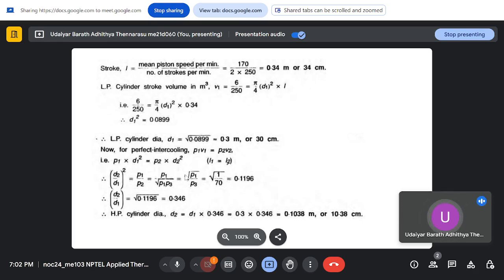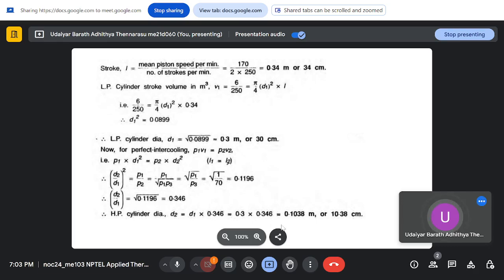So the diameter ratio square is 0.1196, and D2 by D1 will come out to be 0.346. So the high pressure cylinder diameter D2 equals 0.346 into 0.3, the low pressure cylinder diameter. This comes out to be 10.38 centimeter.